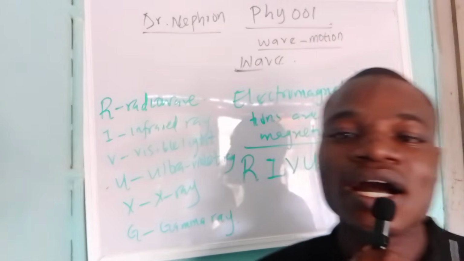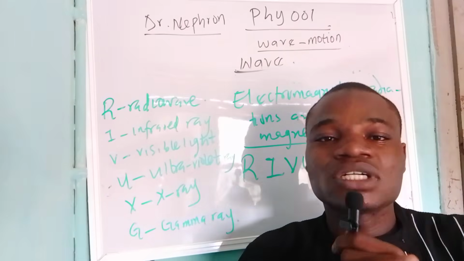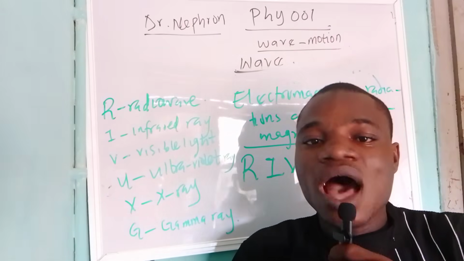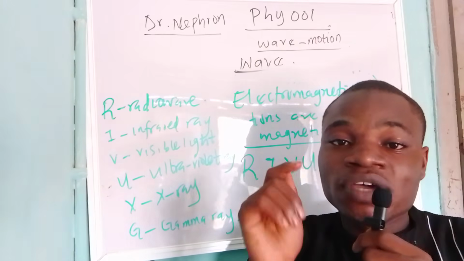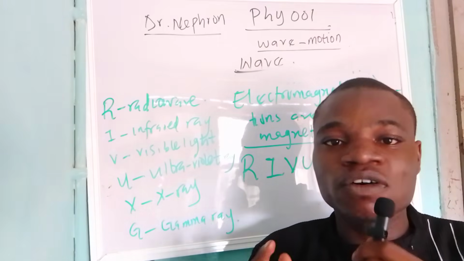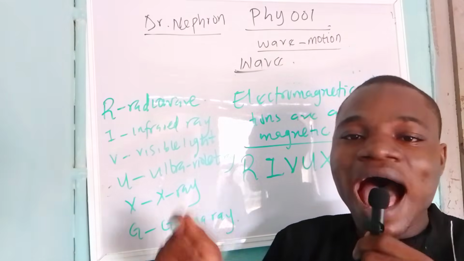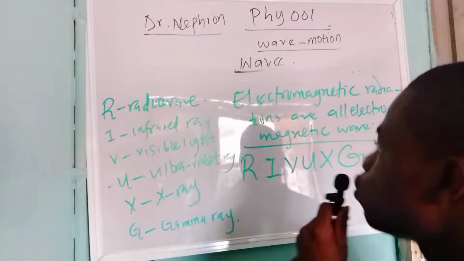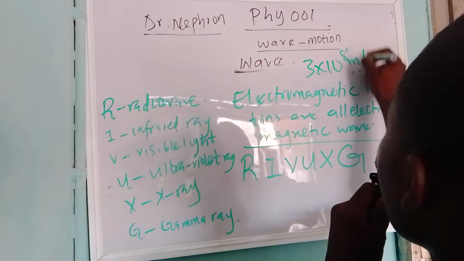And what are the characteristics of electromagnetic waves? They travel through a vacuum. Whenever they travel through a vacuum, they travel at the same speed of light, which is 3 times 10 raised to power 8 meters per second.